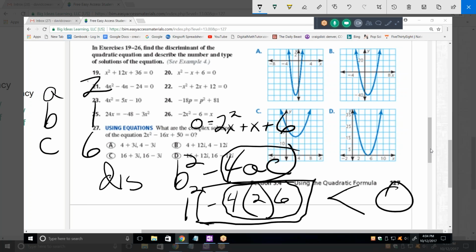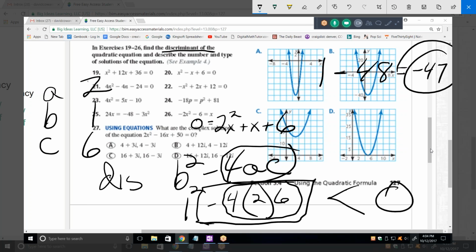Well, actually, excuse me, the instructions do say find the discriminant. So in our case, the discriminant would be 1 minus 48, or minus 47. But typically when you're examining the discriminant for this purpose, to tell us how many solutions we have and what type they are, we don't really need the number.